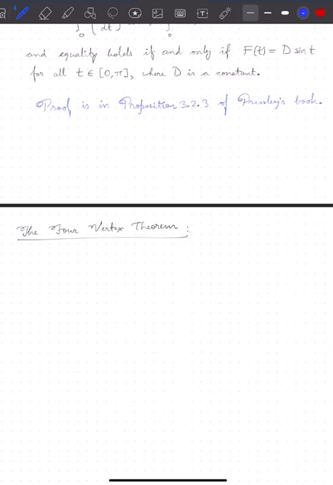So before that, let's talk about when a simple closed curve gamma vector is called convex: if its interior, int of gamma vector, is convex.